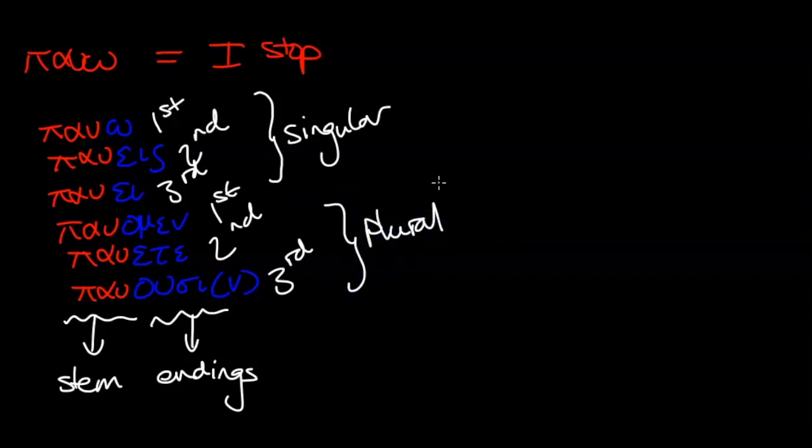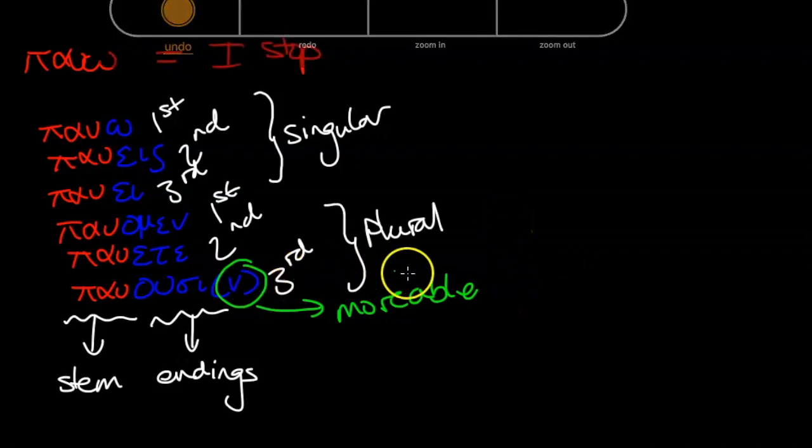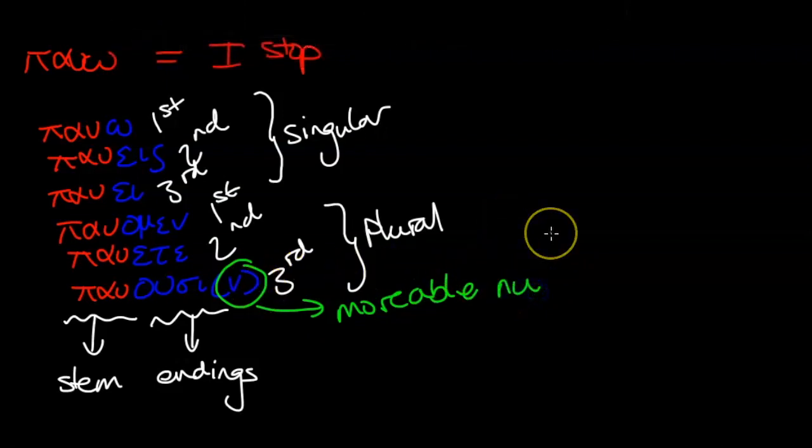Okay, so now we've done that, I want to just talk about this here. So this is called a movable nu. And basically the movable nu is used before another word that starts with a vowel or at the end of a sentence.